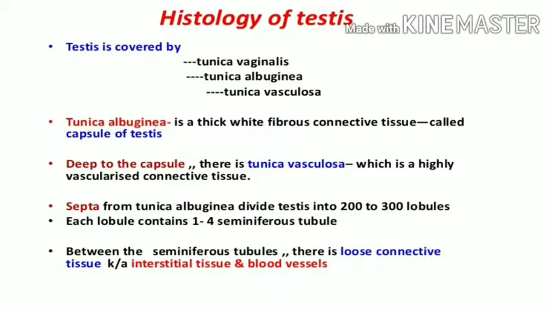The connective tissue enters into the testis as trabeculae that converge at a point called the mediastinum. The testis is thus divided into pyramidal lobules.